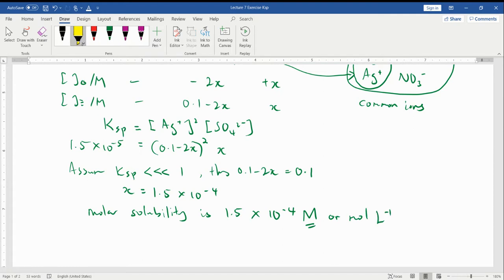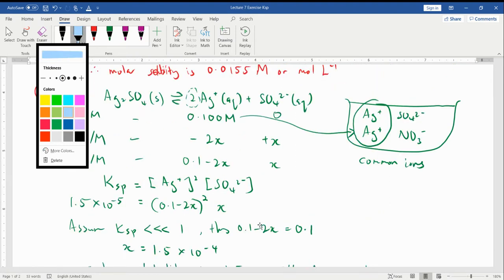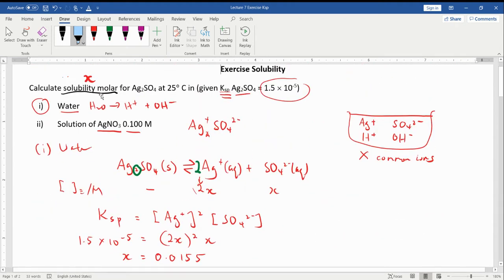Here is just a reminder. When the question gives molar solubility in water and in another solution, what you need to find is whether there are any common ions. If there is no common ion, go straight to equilibrium.